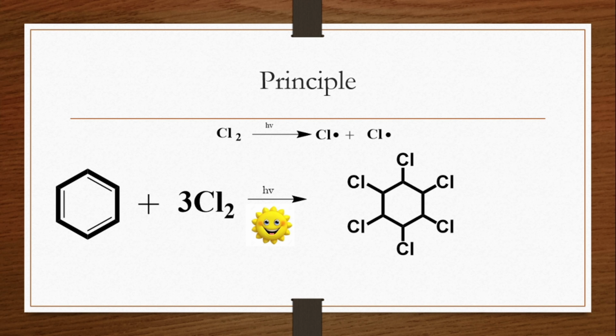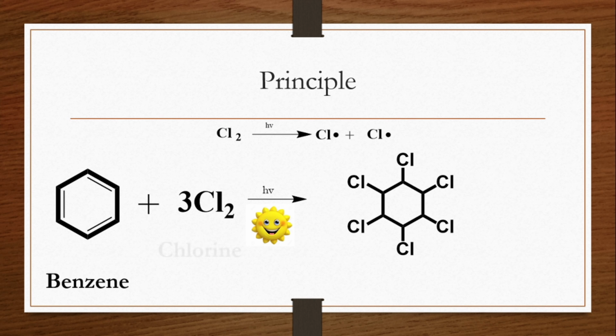Sunlight is a good source of UV radiation, which can initiate the dissociation of the chlorine molecule into chloride free radicals, which will result in formation of our hexachlorocyclohexane.